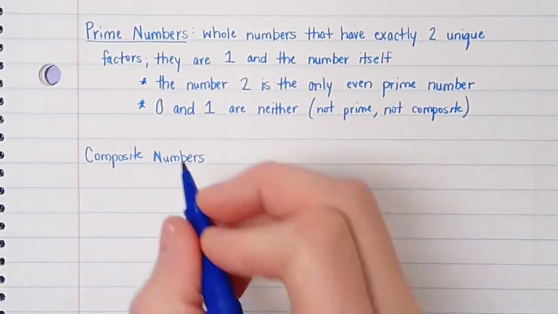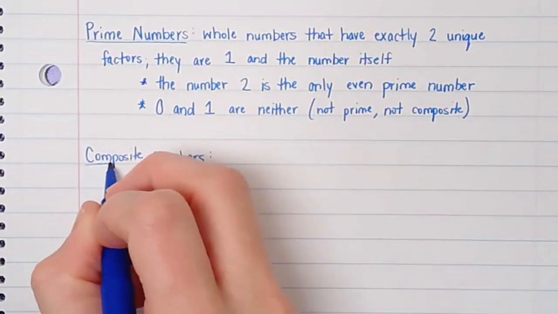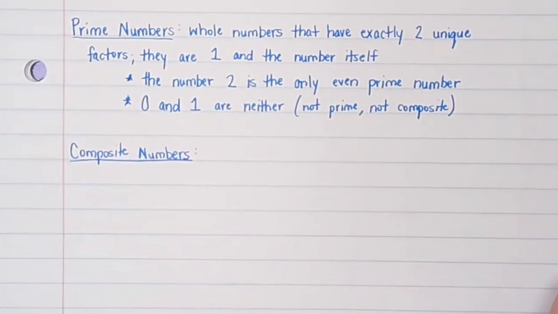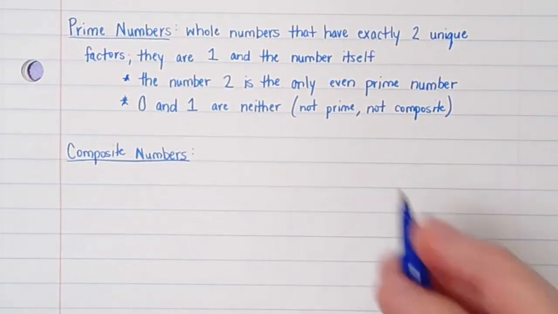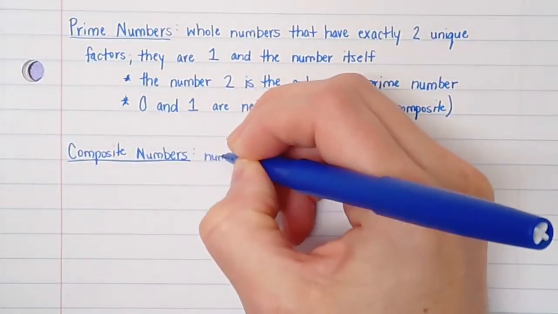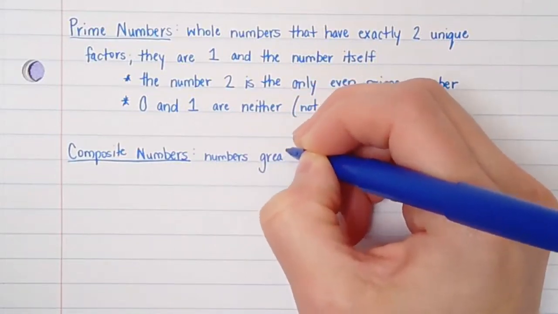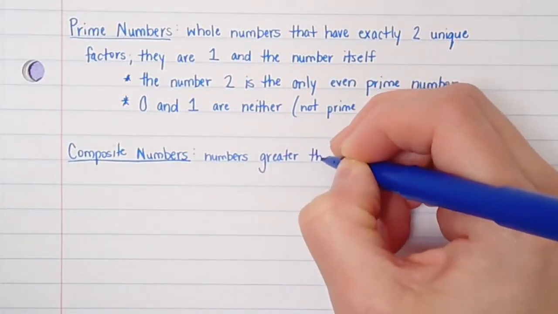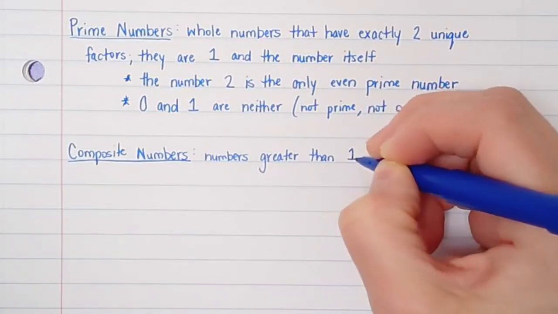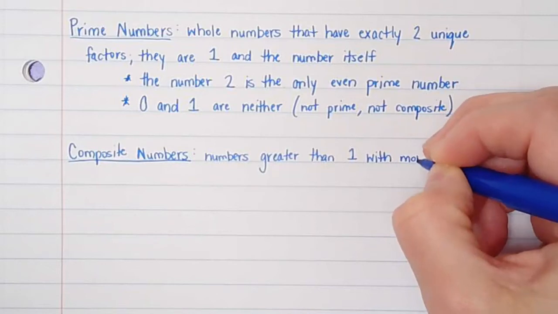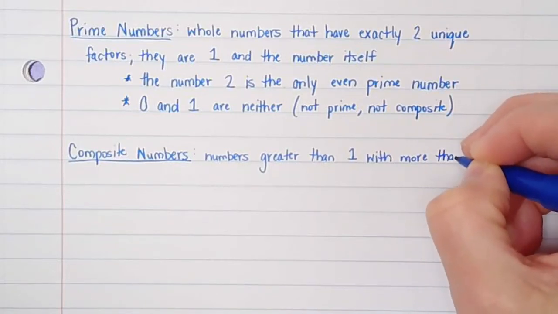All right, if you're not prime, if you're not neither, then you have to be composite. And composite numbers are numbers greater than 1 with more than 2 factors.